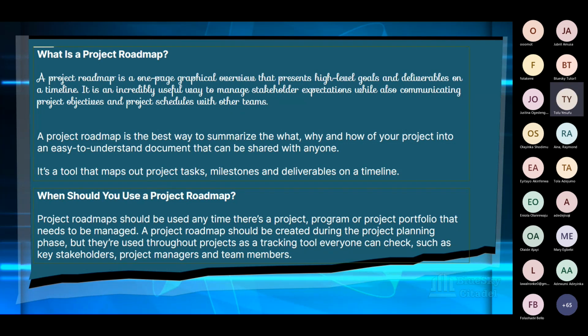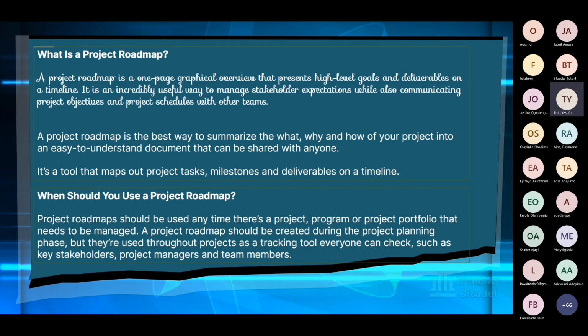So when should you use a project roadmap, a product roadmap? They should be used at any time that you have a project. Anytime there's a project, a program, or project portfolio that needs to be managed, a project roadmap or product roadmap should be created during the planning phase.